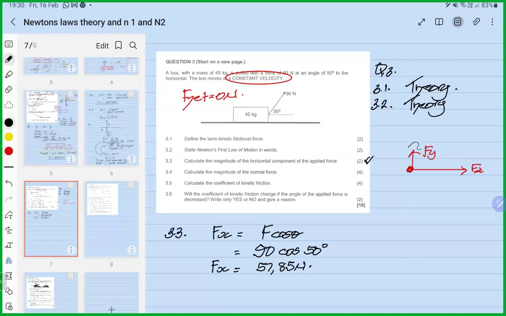There's my normal. Yeah, this is the one I should have started off with. There's my Fg. And my kinetic friction. Any questions about that? None.